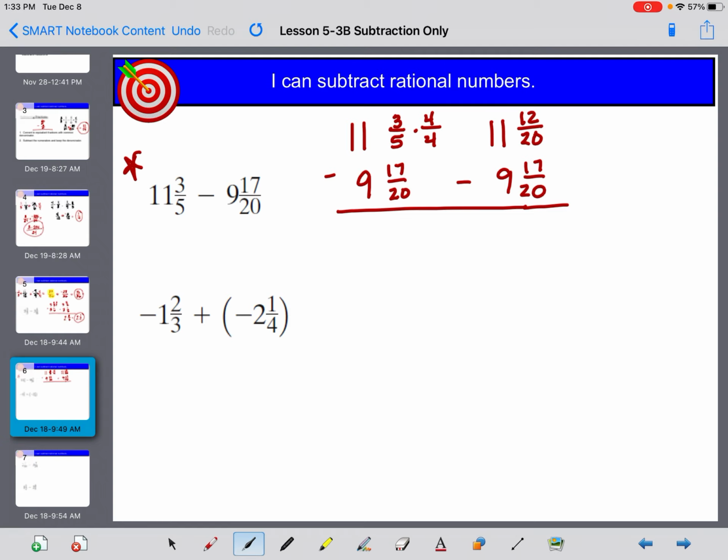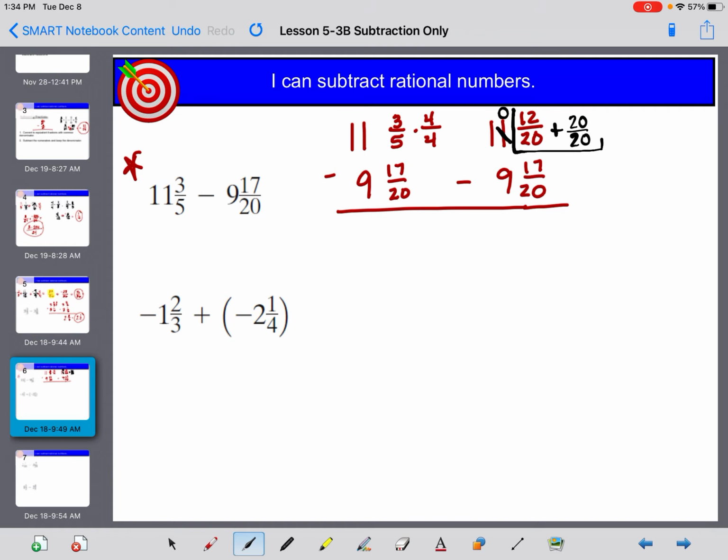Now, when I take 12 minus 17, I can't do it because 12 is smaller than 17. So what I have to do is borrow from my whole number. So instead of this being 11, I'm going to borrow 1 whole. And then I'm going to add that 1 whole to the fraction portion, because the top number still has to represent the same amount.